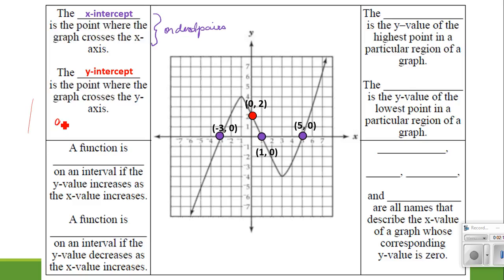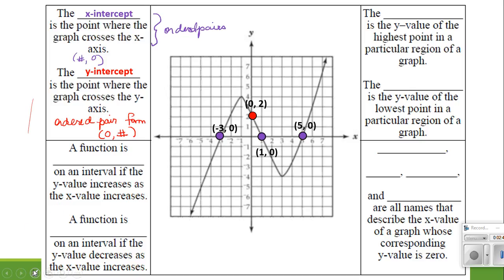Again, these need to be in ordered pair form. So in this case, it's 0, a number. If you recall, the y-intercepts are 0, a number. So just remember those have to be in ordered pair form.